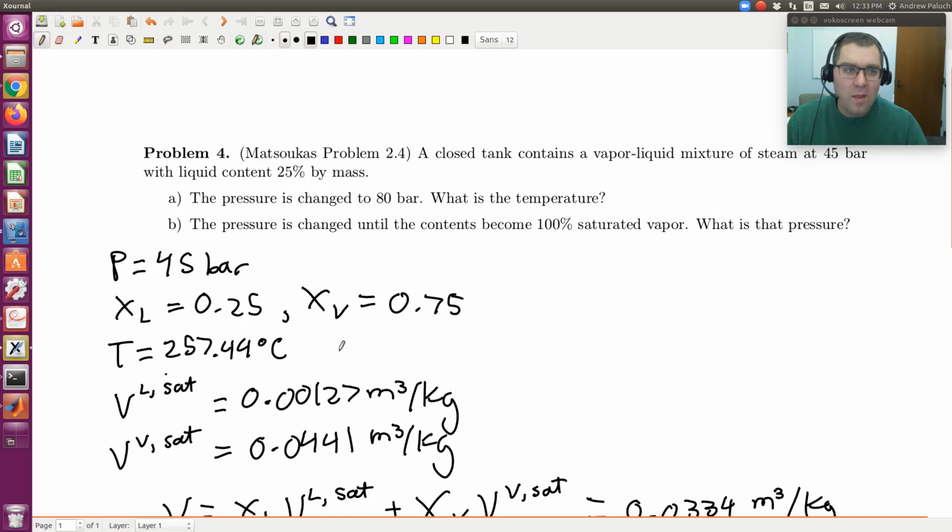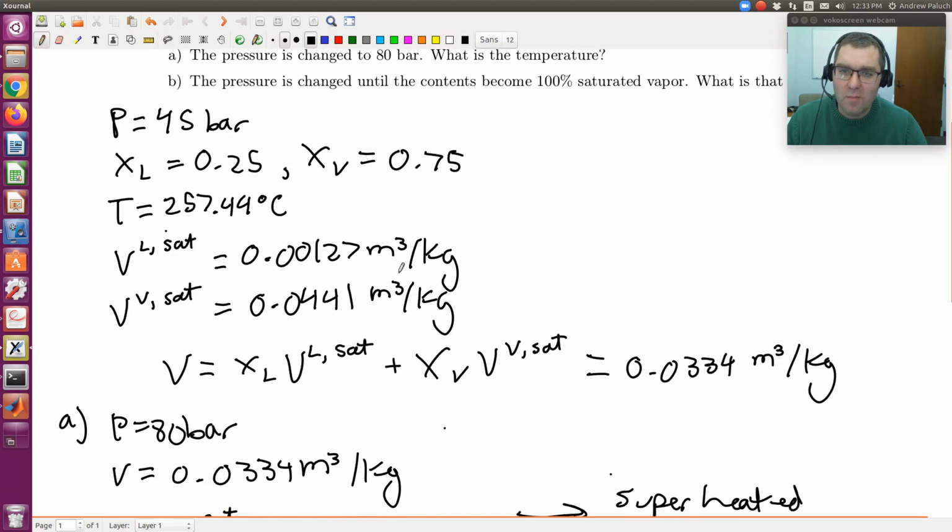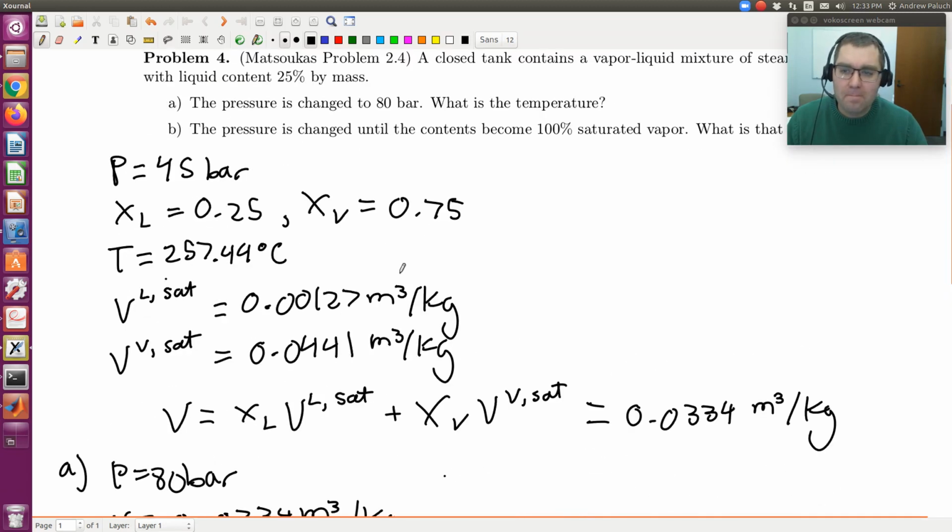Where the question is a little poorly worded is in A, it just says the pressure is changed to 80 bars. What's the temperature? By just specifying pressure, our system's only specified if we are at two-phase coexistence. Otherwise, we need to specify another variable.